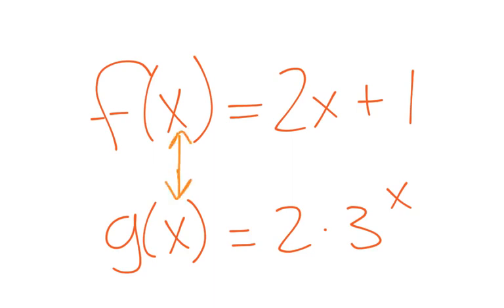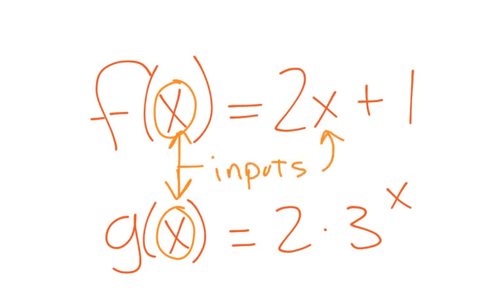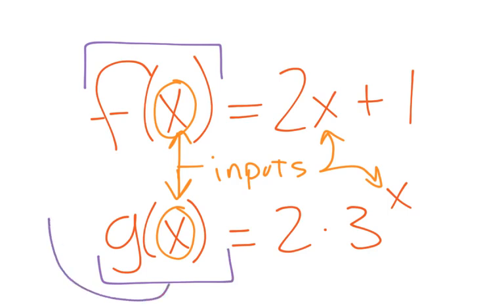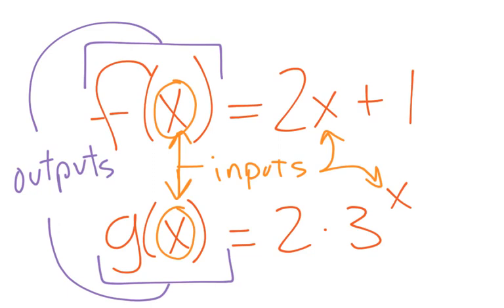We represent the input with the variable that's inside the parentheses. It doesn't have to be x, though generally it is. Those are our inputs, which we also see in the pattern, in the function. The outputs are represented by the whole piece. Those are our outputs.